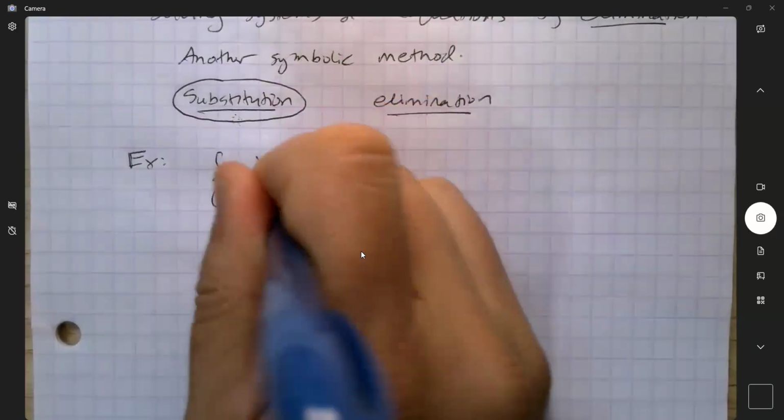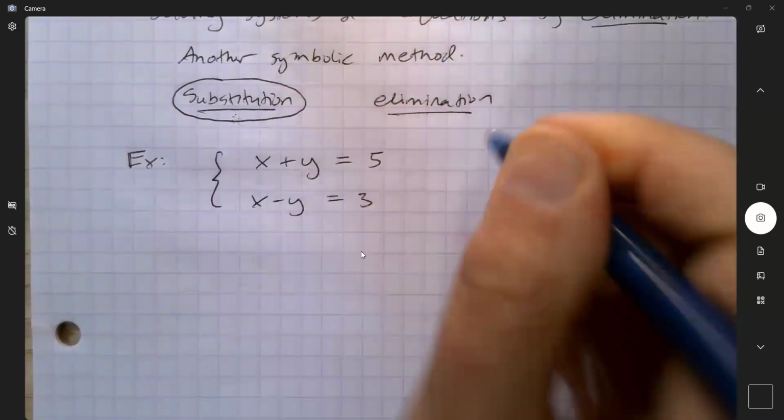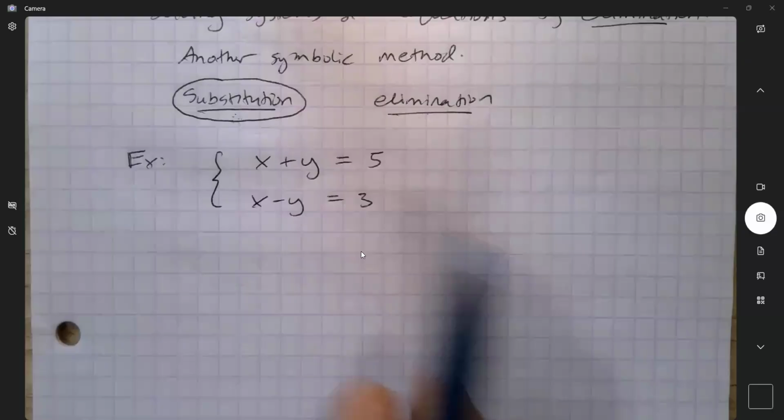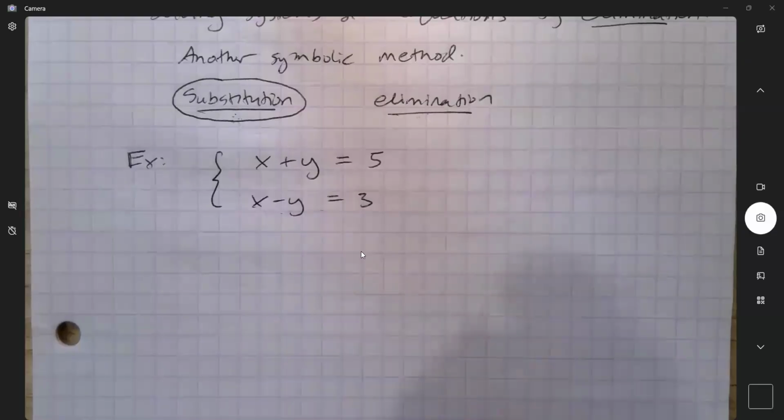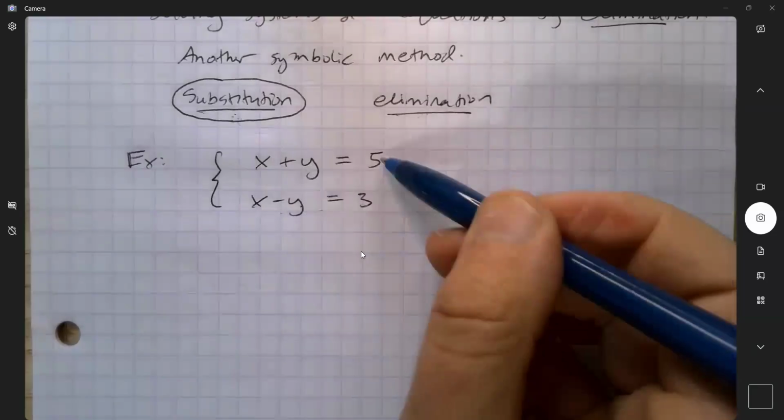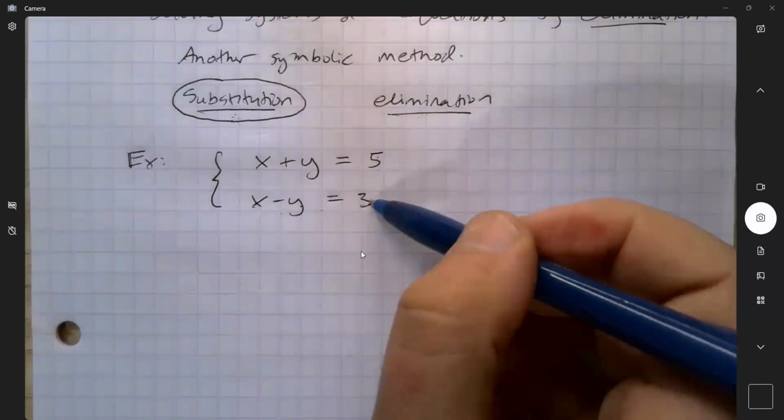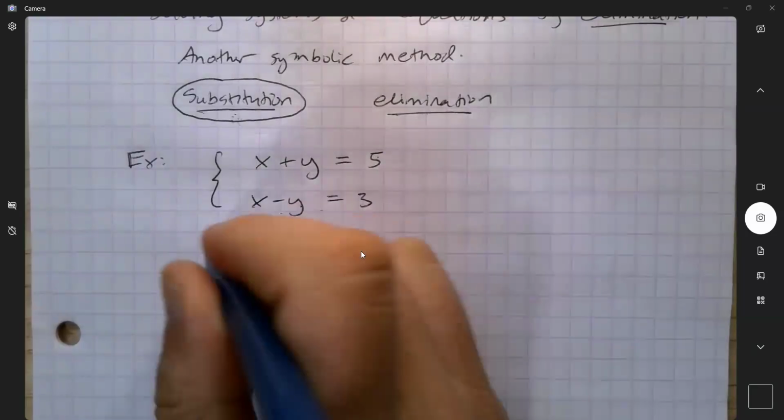I'm going to use that same system of equations I've been using before, x plus y equals 5 and x minus y equals 3. So if this is true, then it should be true that if I add the left sides and I add the right sides, they should also be true, right?